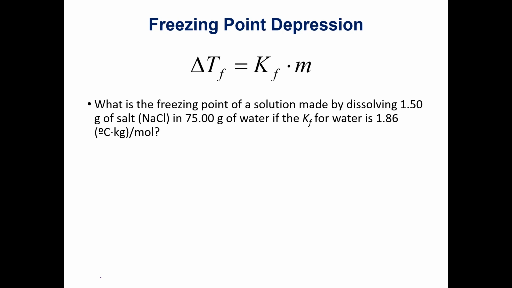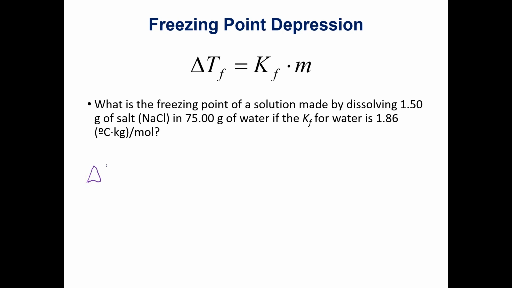So we want to know what is the freezing point of a solution made by dissolving 1.50 grams of salt in 75 grams of water if Kf for water is 1.86 degrees Celsius times kilograms per mole. We actually already calculated the molality of this solution because this is the exact same solution we had in our last example. We have 1.50 grams of salt and 75 grams of water.